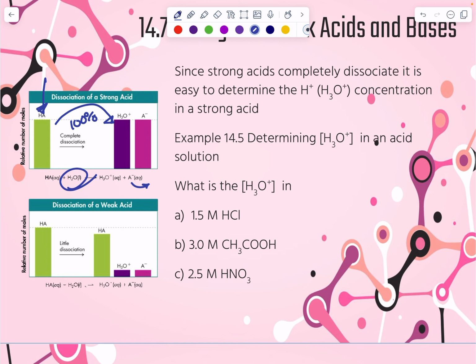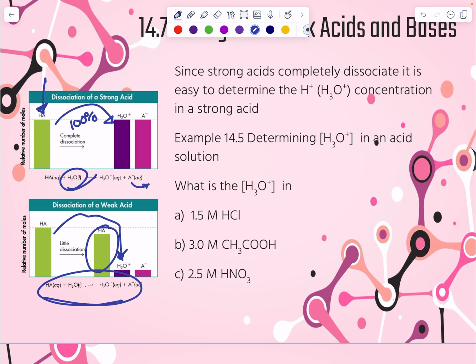But what happens if I have a weak acid? Well, a very small percentage of it, not 100%, maybe 10%, has actually ionized, has actually done this reaction. Most of it has stayed just as the acid, undissociated, unreacted together.